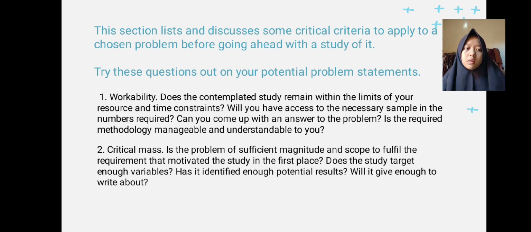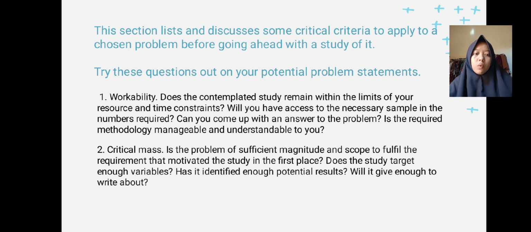Try these questions on your potential problem statement. Before you identify a problem, you need to think about these questions. Number one is workability. Does the contemplated study remain within the limits of resource and time constraints? Will you have access to the necessary sample in the number required? And can you come up with an answer to the problem?